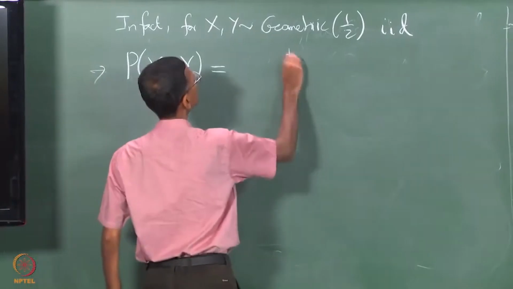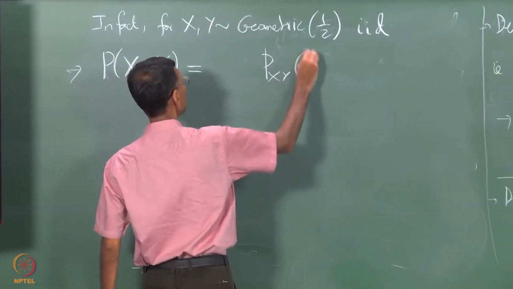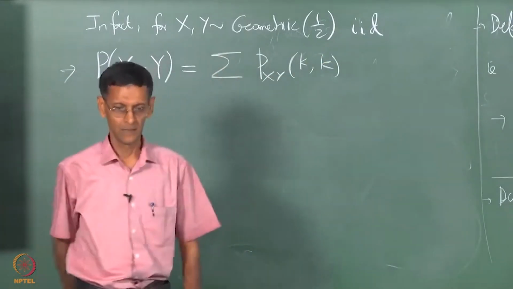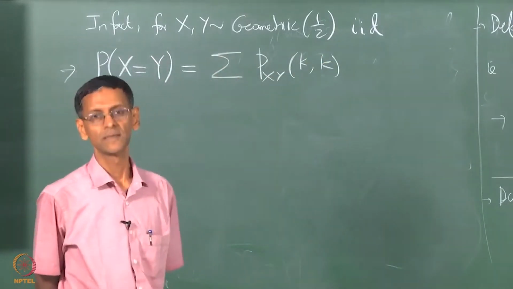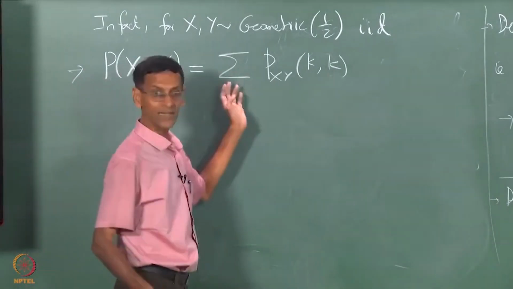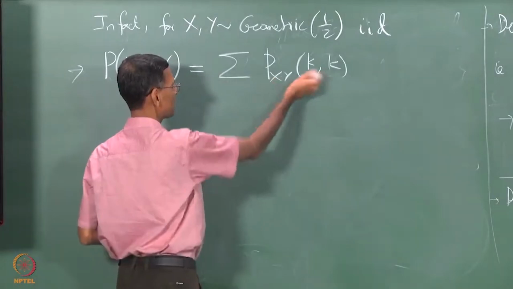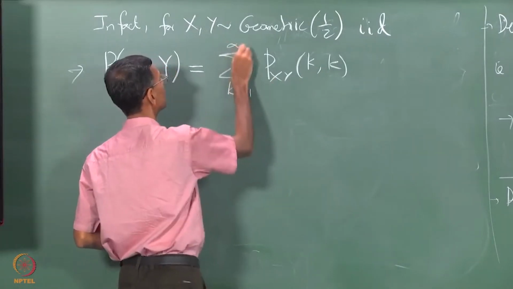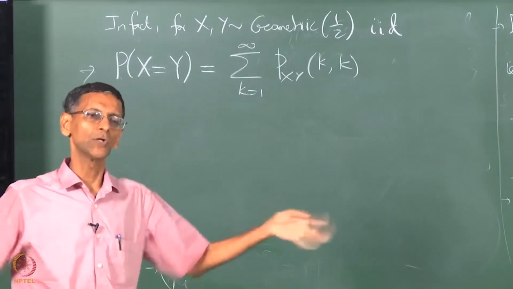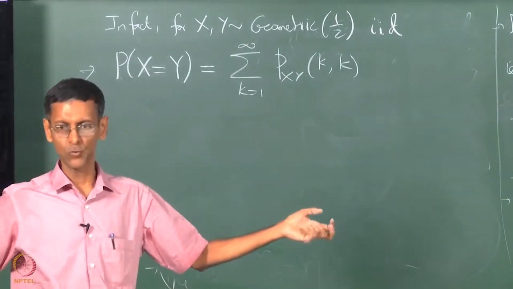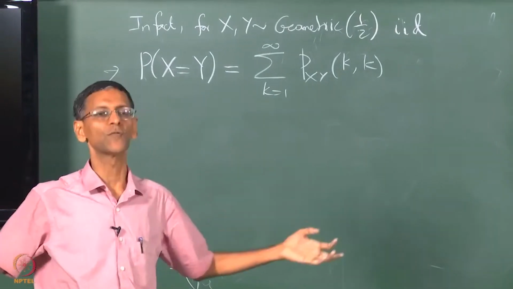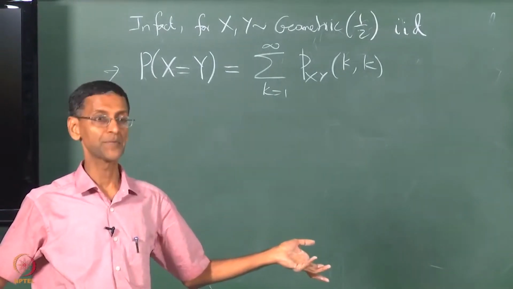So I have to take this pxy of k,k and sum over x equal to k, y equal to k. What values of k do I need? I have to go from 1 to infinity. Physically, you are tossing these two fair coins, and you are looking at having the same number of trials in both camps.